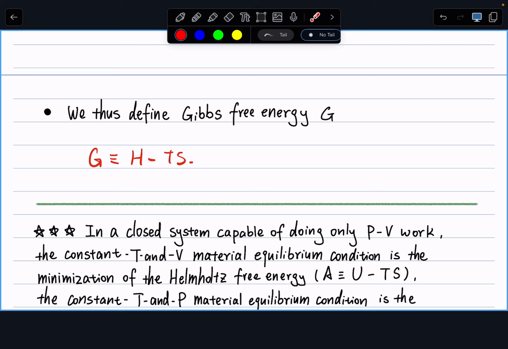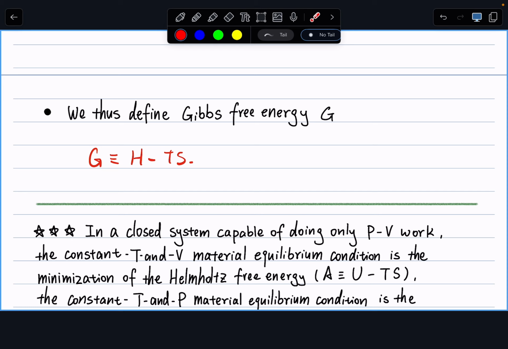For constant temperature and pressure, we know that dG equals 0 at material equilibrium, and we know that dG is smaller than 0 prior to equilibrium, right? So the kind of curve we're getting is similar to what we saw before. And you can label the position of equilibrium to be about here, my dG equals 0, thus we are at material equilibrium.